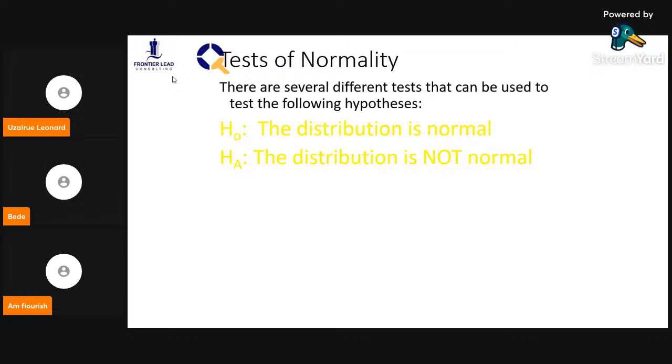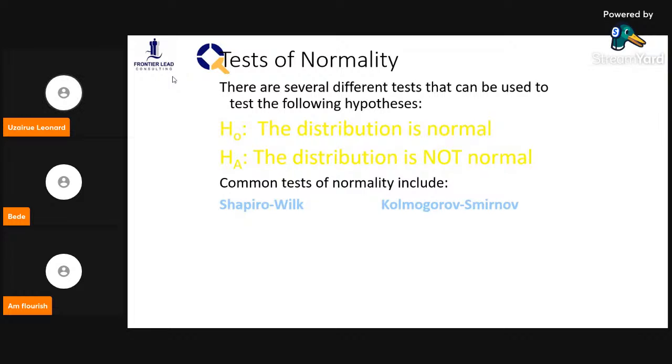So let's dive into it. Common tests of normality include, as we already said, the SW test, then the KS test, and the Anderson-Darling test, which is not for us. The problem is that most times SW and KS don't agree. In some cases they could agree, but in most cases they don't.